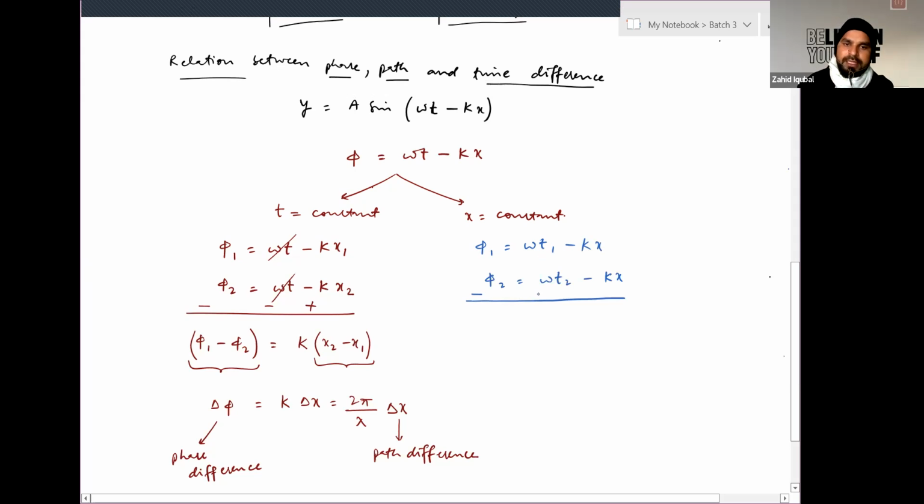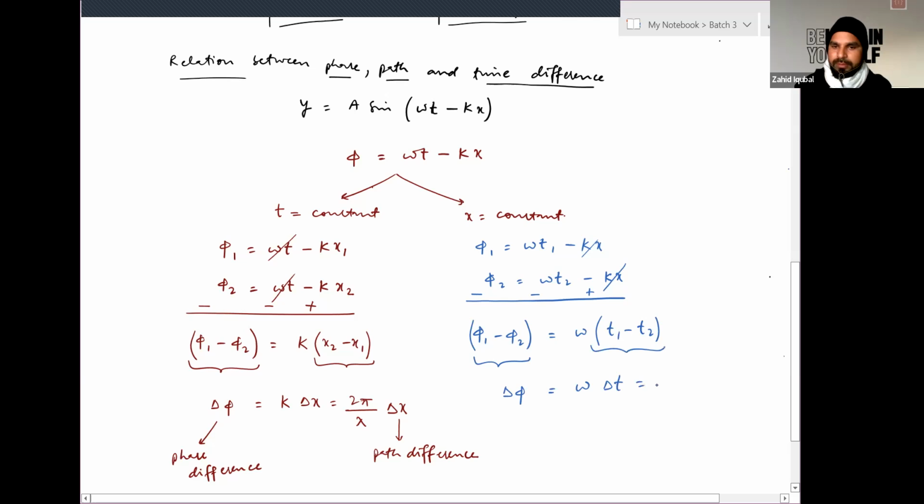Just subtract these two parts, so these terms will cancel out. You'll get phi1 minus phi2, the phase difference, equals omega, being constant, keep it outside, times t1 minus t2. So this is the phase difference, and this is the time difference.